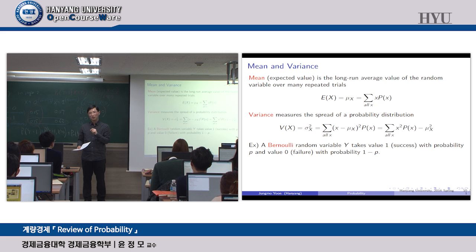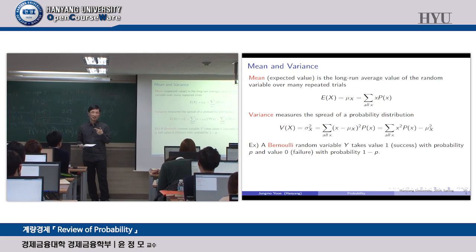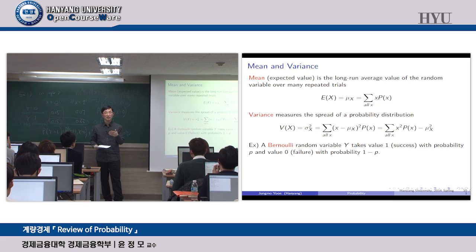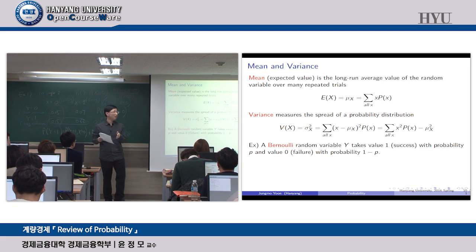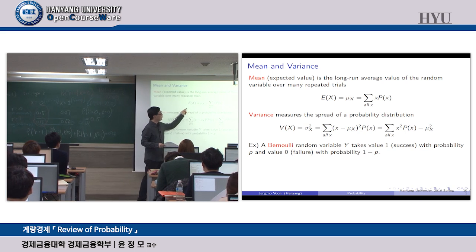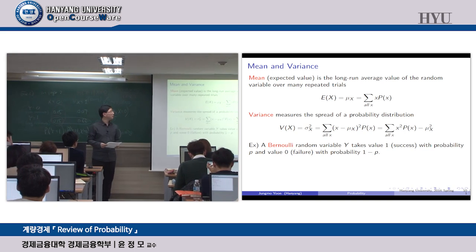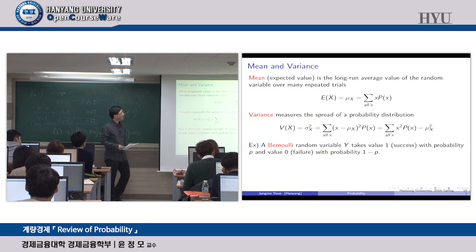I choose another person at random, ask his height, put him back, okay? By drawing a lot of people randomly, I can take a lot of heights and take the average. Long run means I do this many, many times. That number approaches this particular number. So in that sense, the mean is the long run average value of the random variable over many trials.